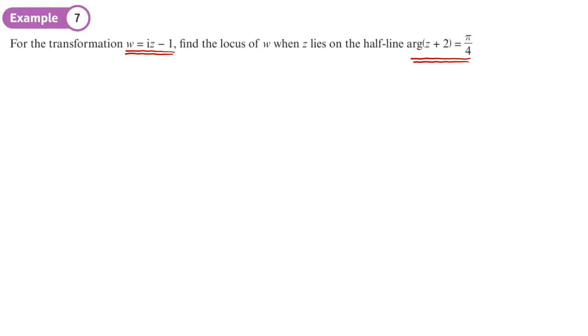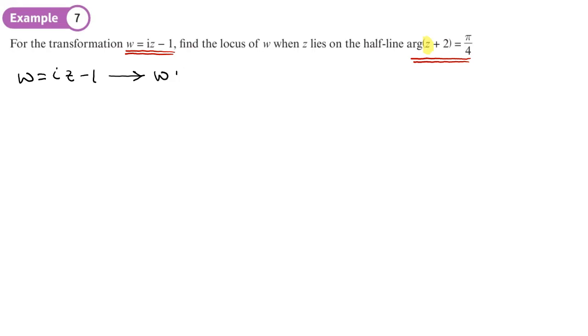So I would say the first thing that we'll do, if we've got w equals iz minus 1, is to make z the subject of this, then I can put it here where that z is. So I'll just highlight, that's what I'm aiming for. So let's start by making z the subject.